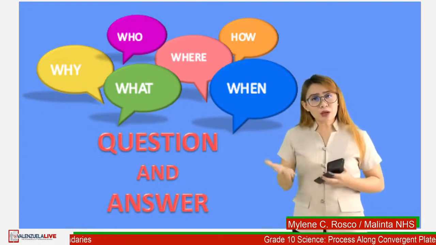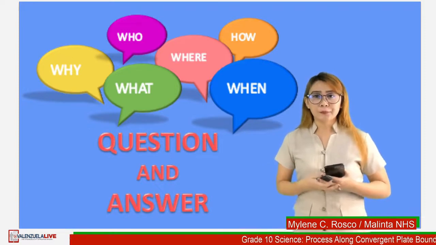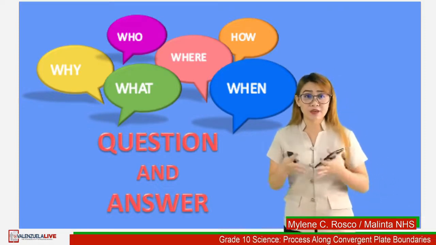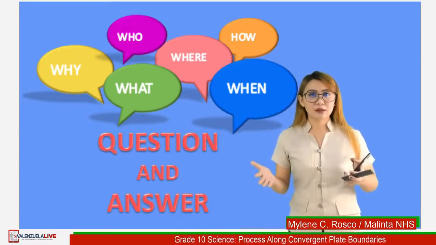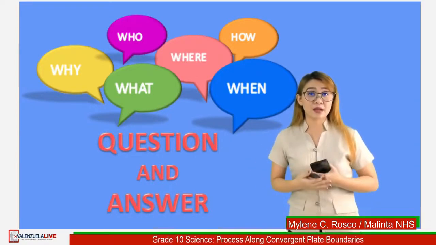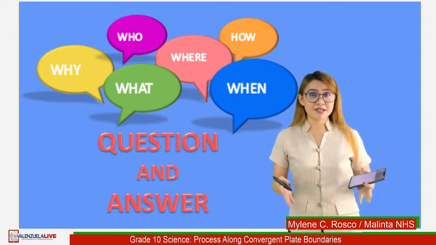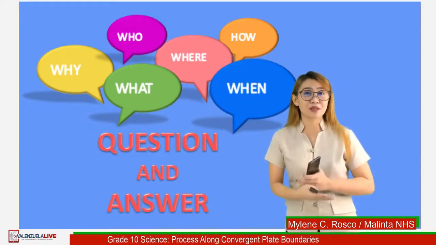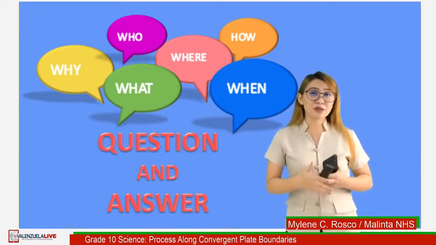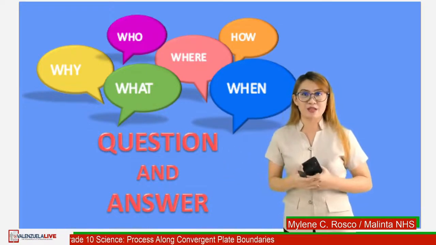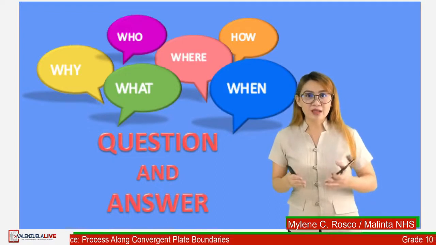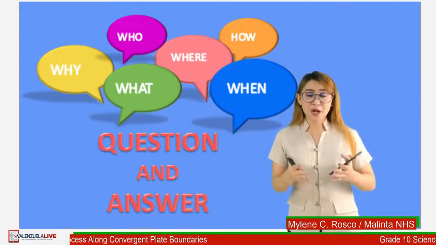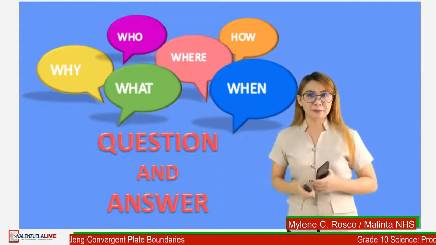When we talk about the big one, we are pertaining to the West Valley Fault. According to studies, the West Valley Fault moves every 200 to 400 years, and the last recorded movement of the West Valley Fault was about 350 years ago. That is the reason why PHIVOLCS is constantly warning us about the possible movement of this fault.